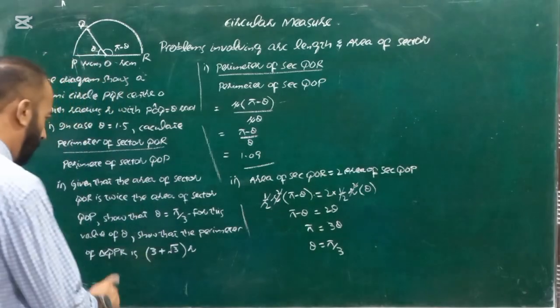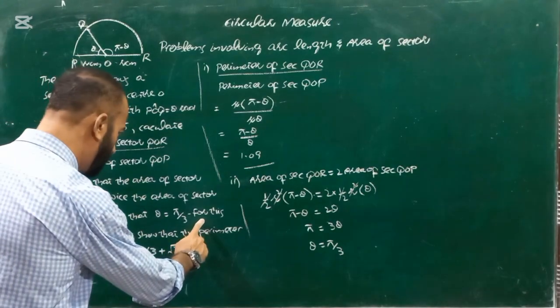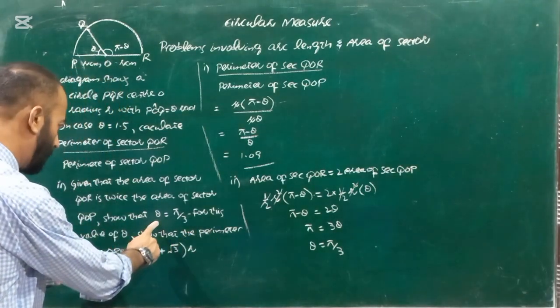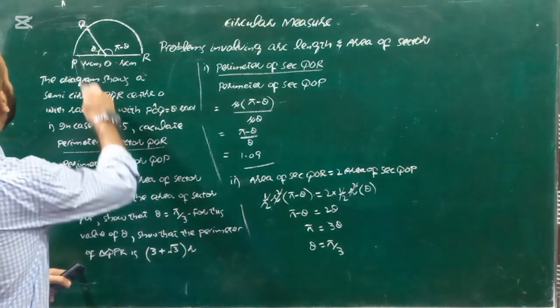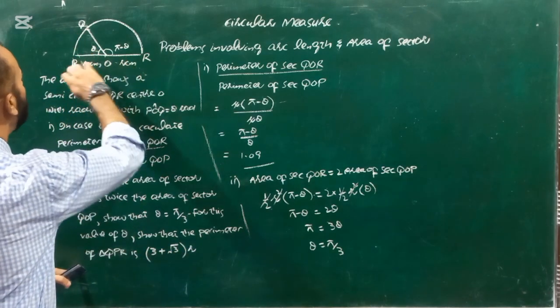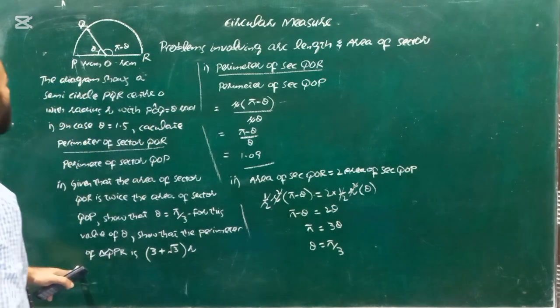Okay. Now further look, it is given that for this value of theta, that is theta is equal to pi by 3, show that the perimeter of QPR. So look now, QPR is actually the perimeter of semicircle.